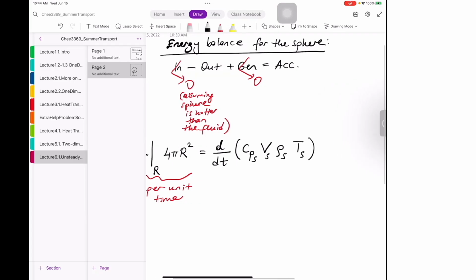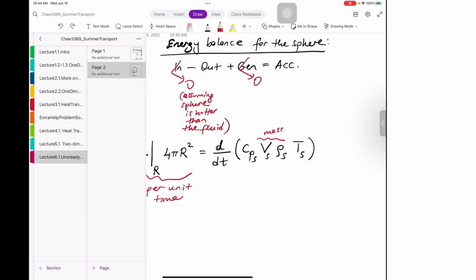You remember the formula mCp delta T? It's that one. So this is the mass of the solid. This is the heat capacity. This is the temperature of the solid, right?